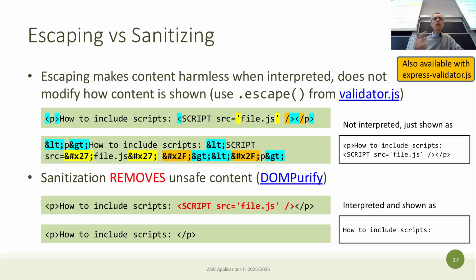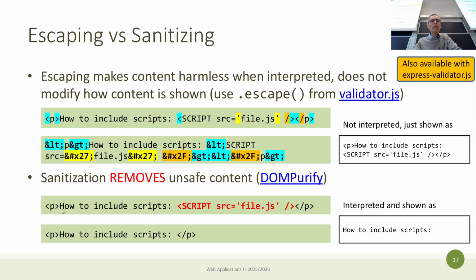While if you want to sanitize content, that's a different story, because you want to be able to execute the content, okay? And so you need to remove parts that can be dangerous. So sanitization doesn't give you back the same appearance. It simply removes unsafe content. Like in this case, any script tag is completely removed because it's unsafe, since the library cannot know if the code is safe or not.